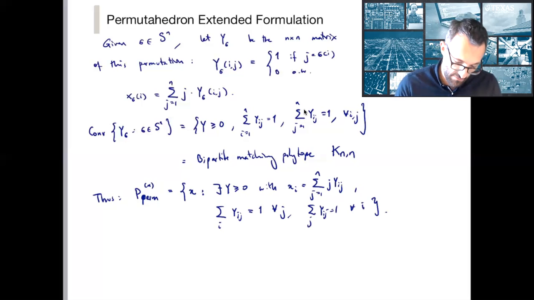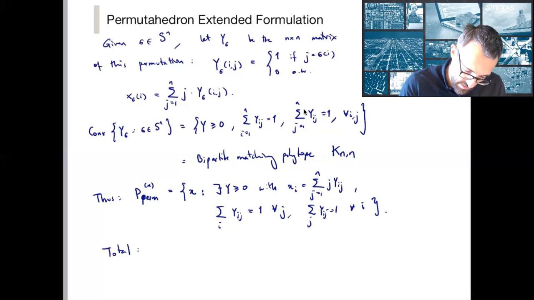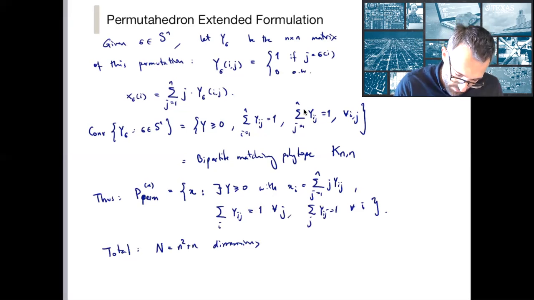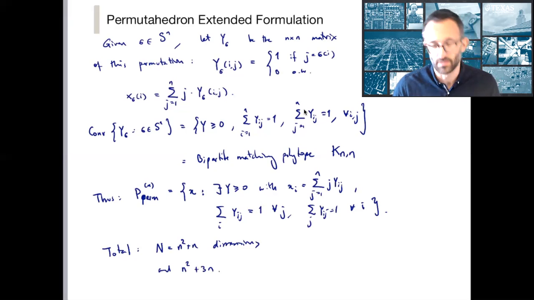So we have a total of, capital N, would be n squared plus n dimensions, if I wanted to describe my extended polyhedron whose projection onto the first coordinates is equal to x, and n squared plus 3n constraints.